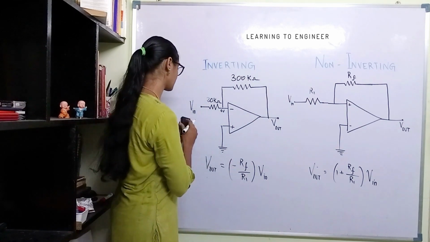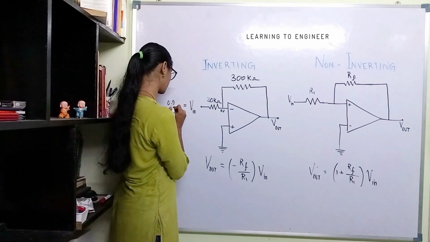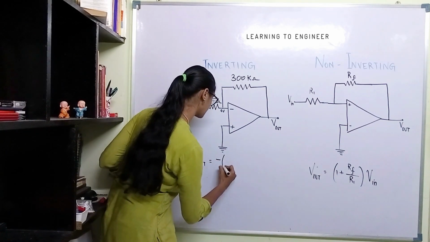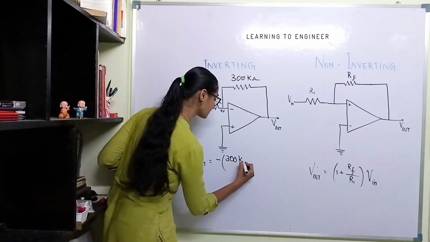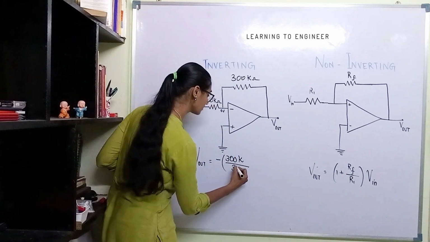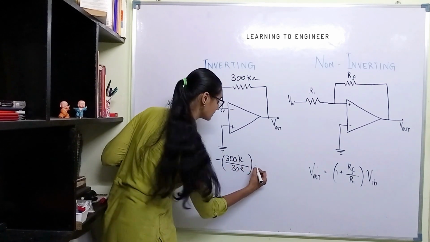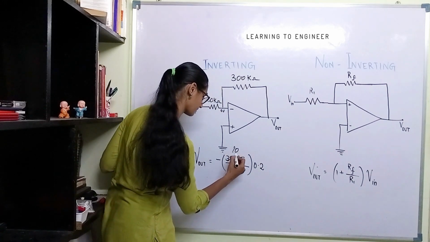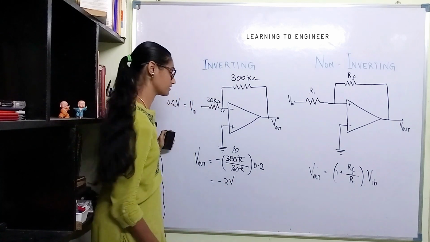The input voltage is 0.2 volt. The output voltage is equal to the negative of RF, which is 300 kilo ohm, divided by 30 kilo ohm Rin, times the input 0.2 volt. So the output voltage will be minus 2 volt in this case.